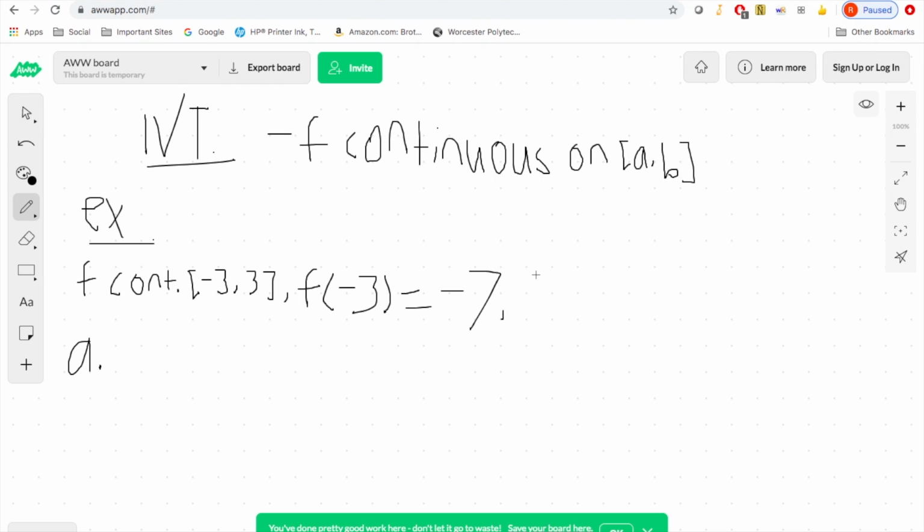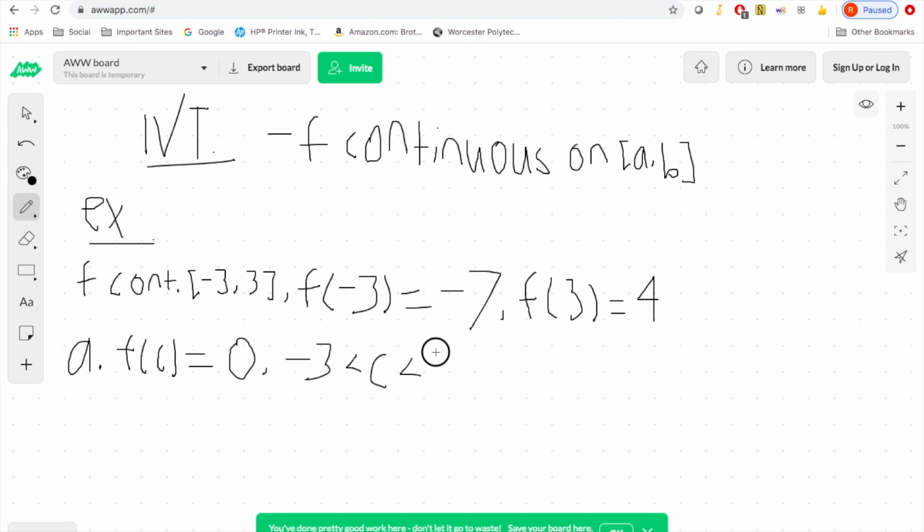So say f of -3 is going to be -7. f of 3, let's let that be 4. And f is continuous on -3 to 3. So which of the following can we conclude? A: there is a value c for which f of c equals 0, and -3 is less than c is less than 3.